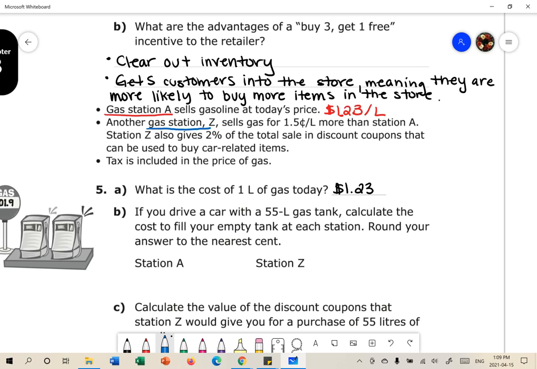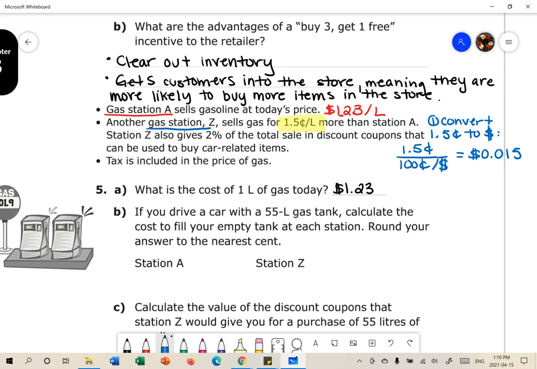To do that, I'm going to convert the cents into dollars because everything needs to be in the same units for us to complete this question. So I'm taking my 1.5 cents and I'm dividing it by 100 cents because there's 100 cents in $1. And that is equal to $0.015.